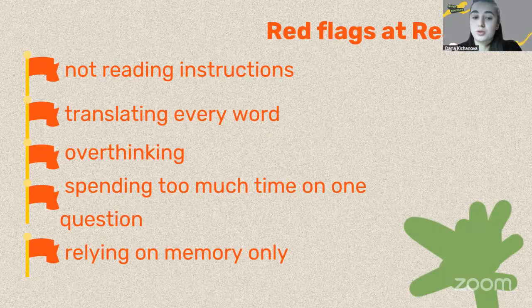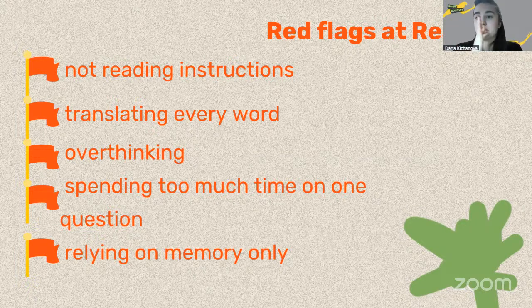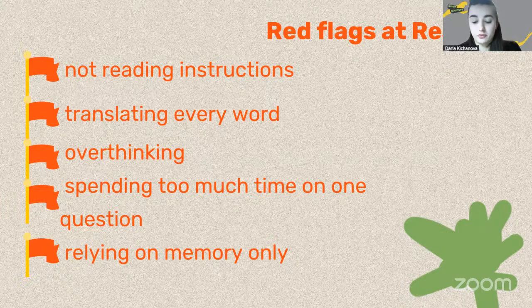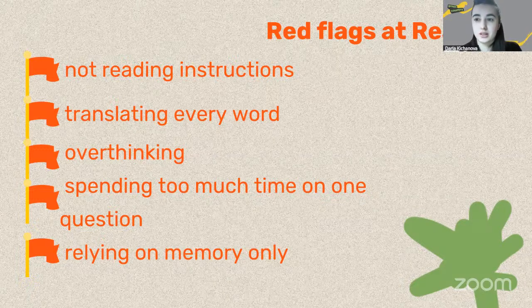You need to remember that you have limited time that you need to divide into parts. Okay, I had, for example, 5 minutes for one text, 5 minutes for a second text.